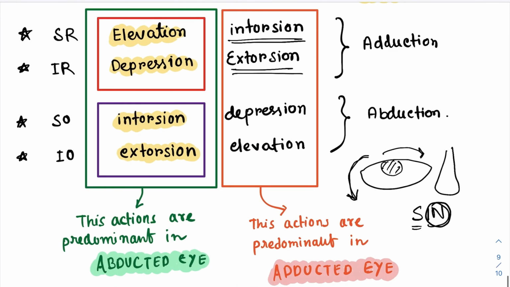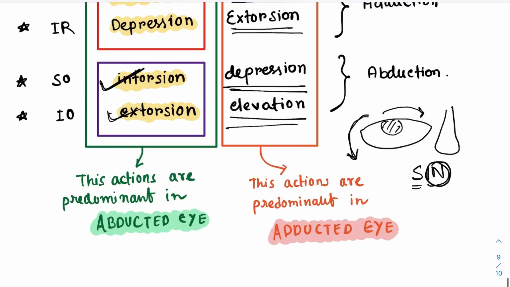And the superior oblique: primary action intorsion. The superior is an intorter and inferior oblique extorsion. But they also cause opposite actions to the recti: superior oblique causes depression and inferior oblique causes elevation. So they both cause elevation and depression.